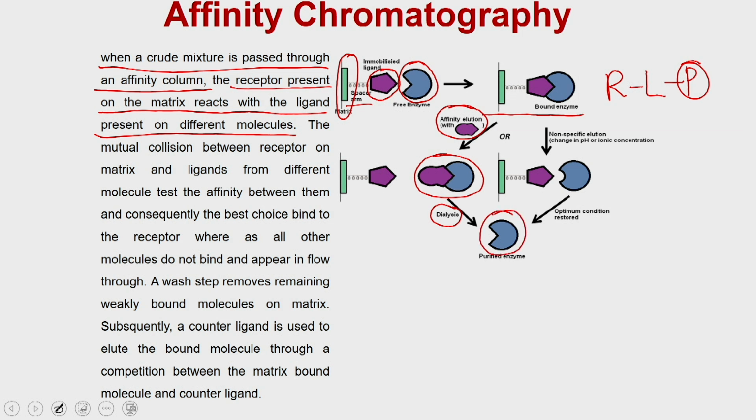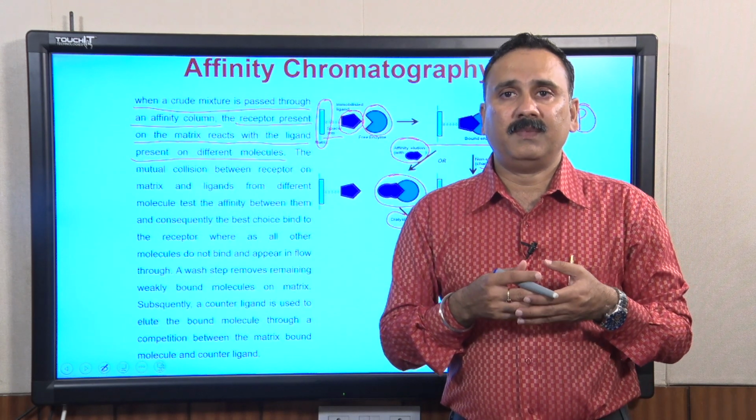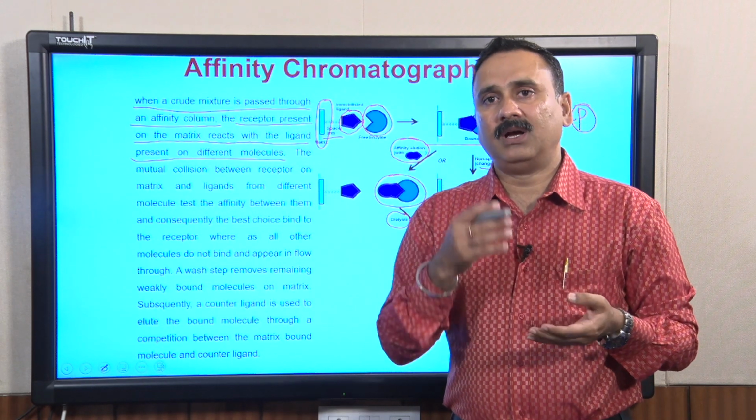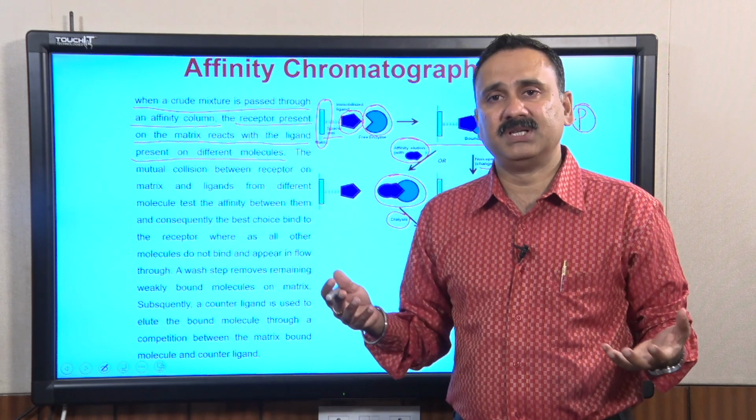Or you can use the non-specific approaches. For example, you can use non-specific elution approaches where you can change the pH or the ionic interaction. If you remember, in the previous slide we discussed that these receptor ligand interactions mainly depend on hydrogen bonding, van der Waals interactions, pi-pi interaction, as well as salt bridging interactions.